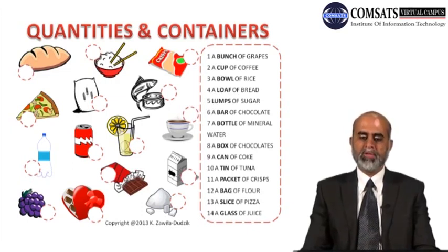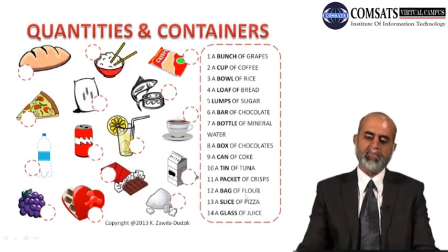Number 5, lumps of sugar. Right? Lumps of sugar means ये वाला जो last है ये है, ये वाला. Sugar cubes भी होती हैं, a cube of sugar, but this one is a lump. एक ढेला सा हो जो उसको lump कहते हैं, a lump of sugar.